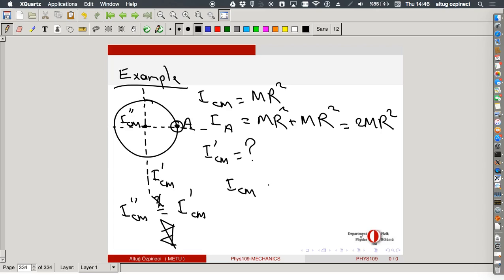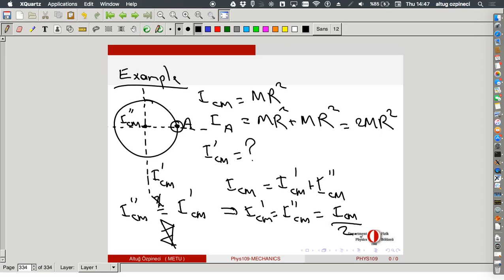So I center of mass is equal to I center of mass prime plus I center of mass double prime. So these two are the moments of inertia for rotations around two axes that are perpendicular to each other and in the plane of my object. And this is the perpendicular axis. But we know that these two are the same. So which tells me that I center of mass prime, which is equal to I center of mass double prime, should be equal to I center of mass over 2, which will be m times r squared over 2.